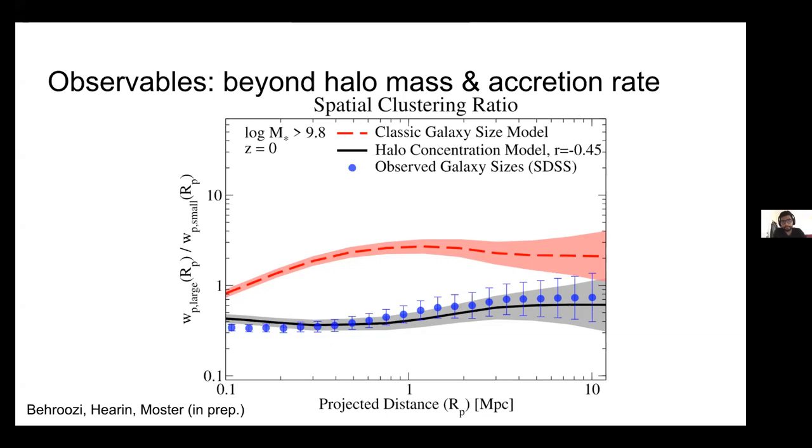And so that prediction would be the red line. So galaxy size is correlated with halo radius, but then the scatter at fixed halo radius is 100% correlated with spin. Whereas the bottom gray error bars would be for a model where that deviation at fixed halo radius is proportional to the halo concentration to some negative power.